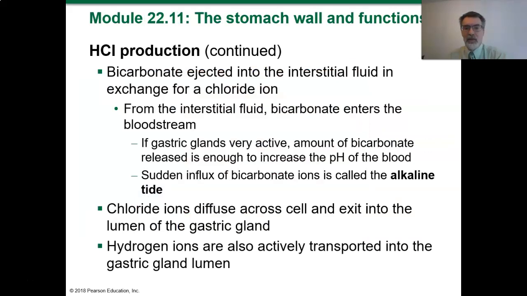So again, the bicarbonate ions injected into the interstitial fluid of the parietal cells, right, absorbed by the blood vessels. Blood vessels again would move chloride ions from the blood into the parietal cells. That chloride ion could then be transported into the lumen of the stomach to create the hydrochloric acid, right?